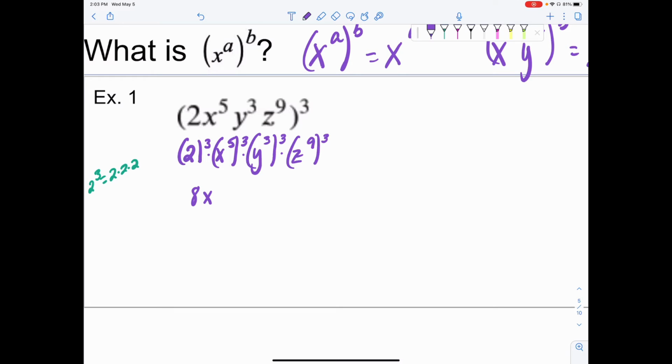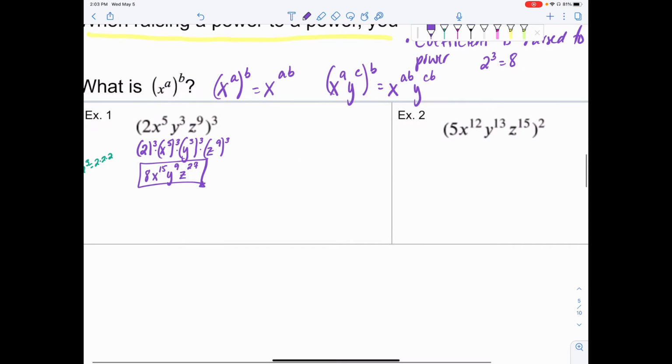So I would have 3 sets of those x's. If I were writing it out the long way, that would give me 15 x's that I would have to multiply together. From our y's, keep our base the same. We're multiplying those exponents. Same thing with the z's. So our final answer would be 8x to the 15th, y to the 9th, z to the 27th.